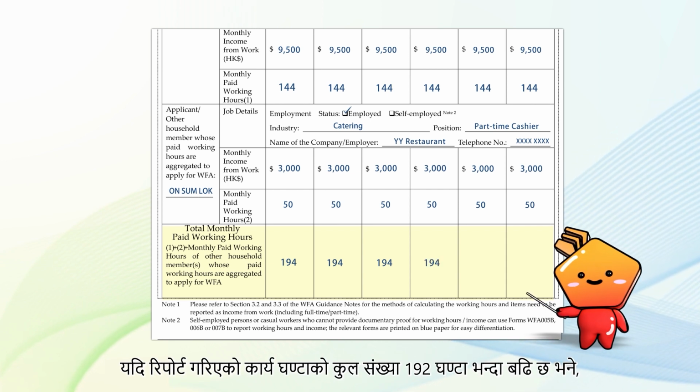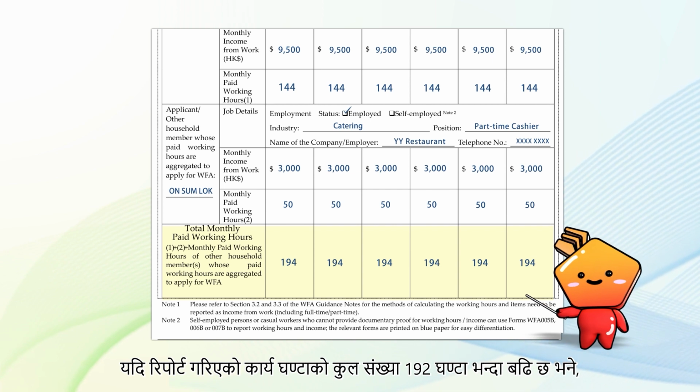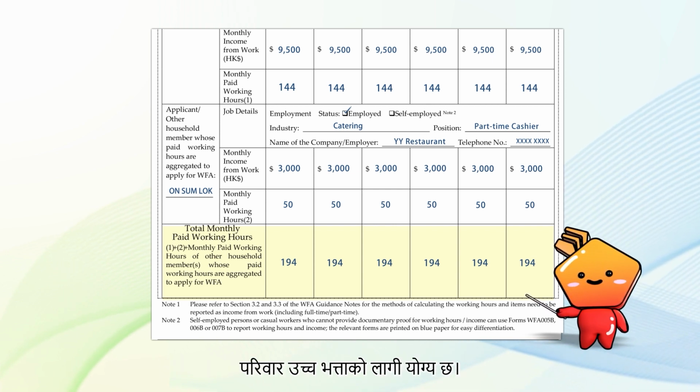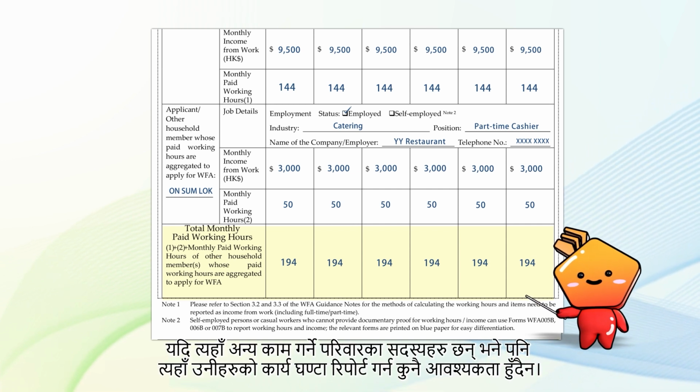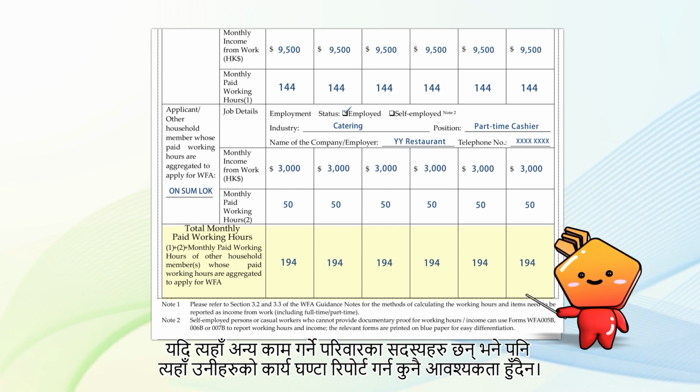If the total number of working hours reported exceeds 192 hours, the household is already eligible for higher allowance. Even if there are other working household members, there is no need to report their working hours.